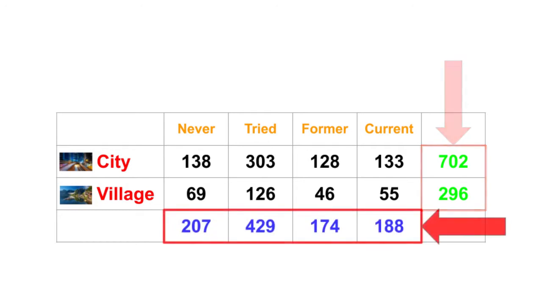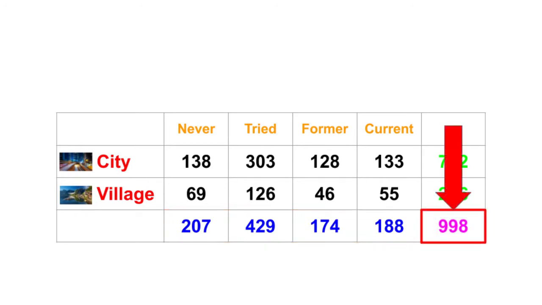We also need to calculate the sum of each column. This gives us the total number of people who have never smoked, who have tried smoking, who are former smokers, and current smokers. Now we can simply add up all the column sums or the row sums to obtain the total sum, or the total number of respondents in our survey.